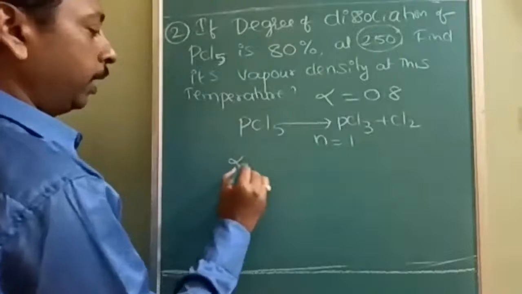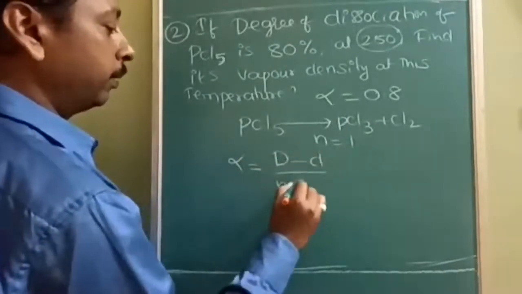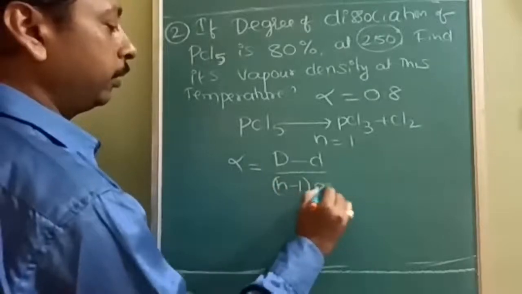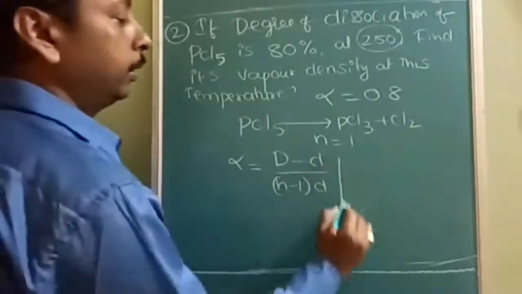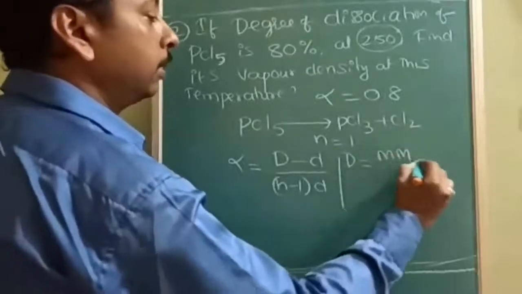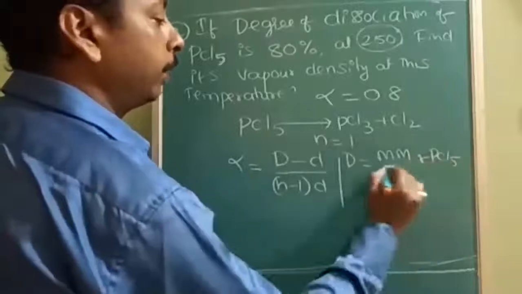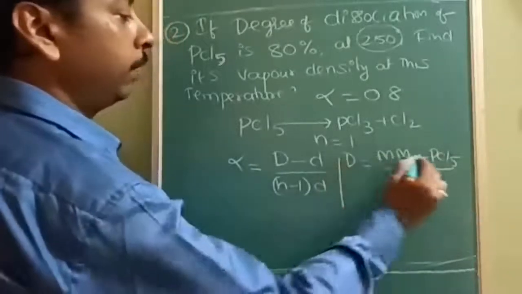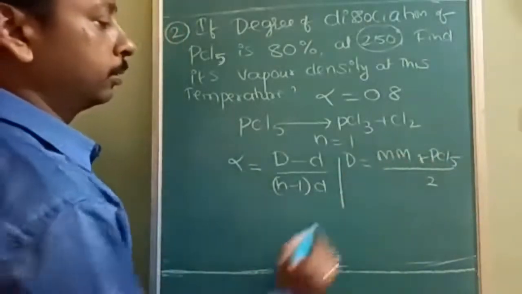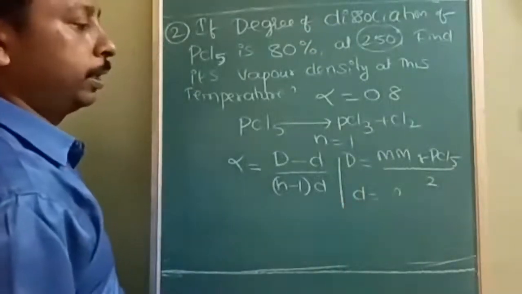The formula is alpha equals capital D minus small d, divided by small n minus 1 into small d. Capital D is the molecular mass of the reactant. What is that reactant? PCl5, divided by 2, since 2 into vapor density is equal to molecular mass. And small d you have to find out. This is the technique.